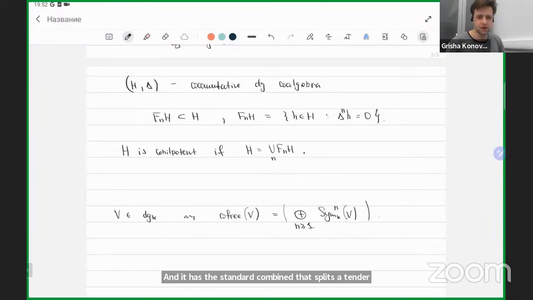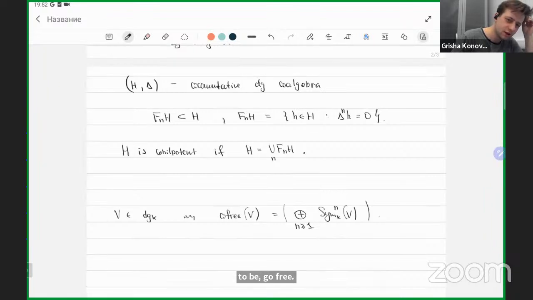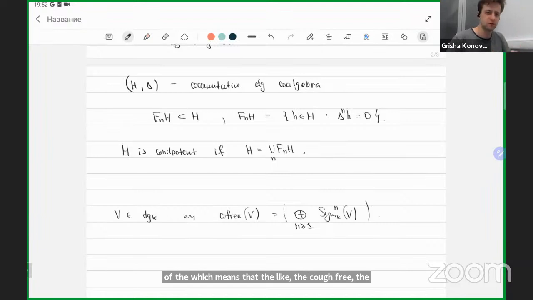You can check that this is actually conilpotent. You can also check that this happens to be the cofree object in the category of co-commutative conilpotent coalgebras, which means that the cofree coalgebra functor is right adjoint to the forgetful functor to vector spaces.